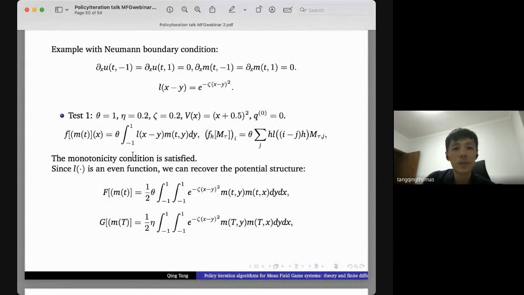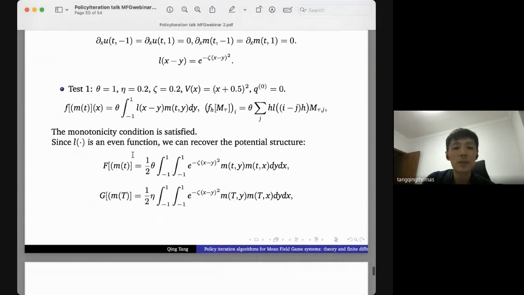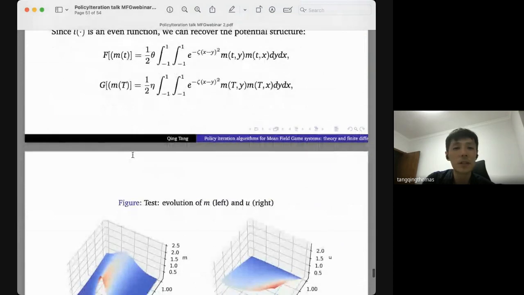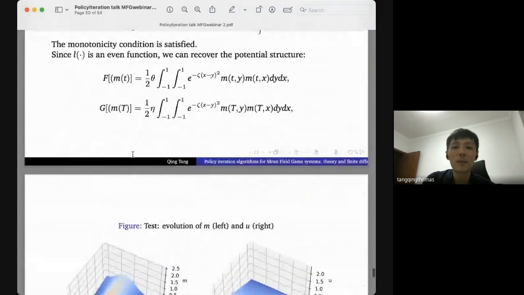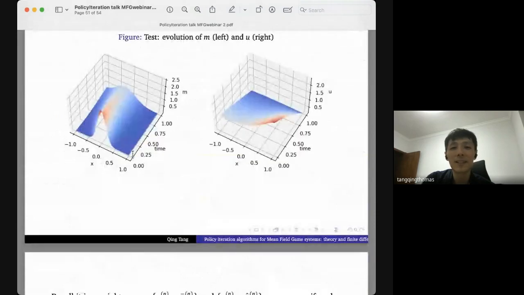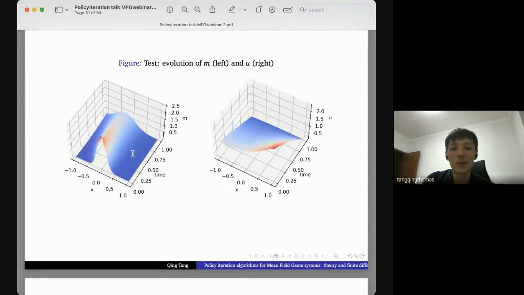If you put T equal to 2, it will be much slower. But in general, for these kinds of examples, the convergence is very fast. With other methods maybe you need fewer iterations, but the convergence in terms of time is similar.